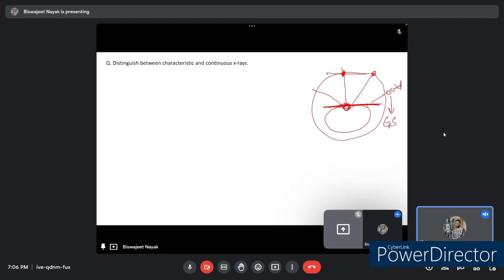While doing so, they release energy, and this energy is equal to the difference in the binding energy of these two shells. So this excess energy is released in the form of an X-ray photon.